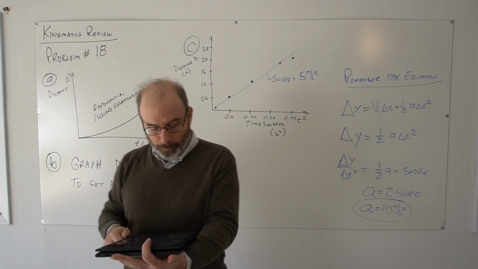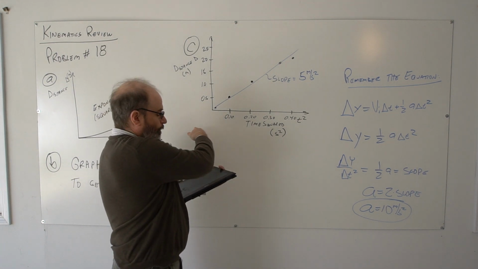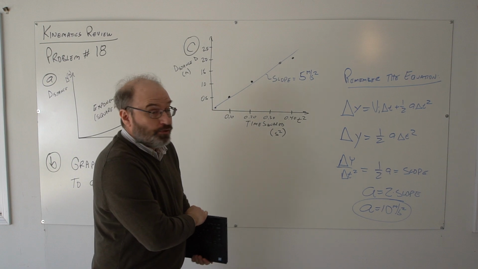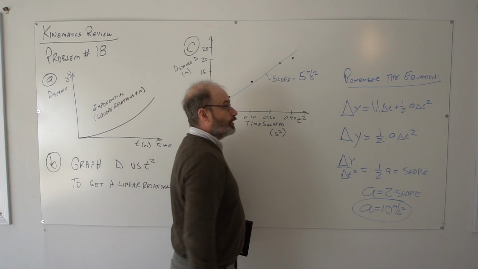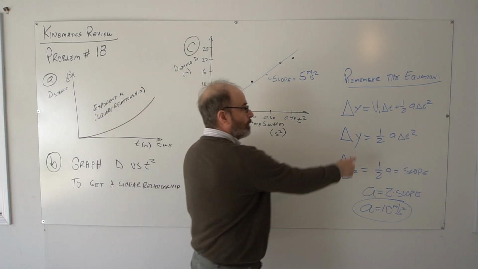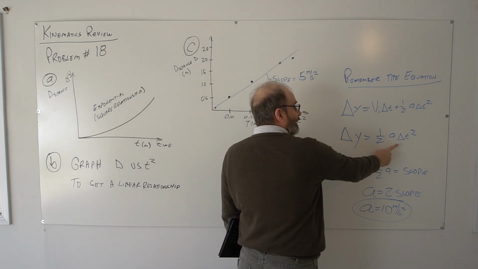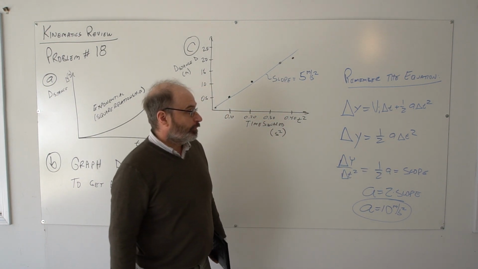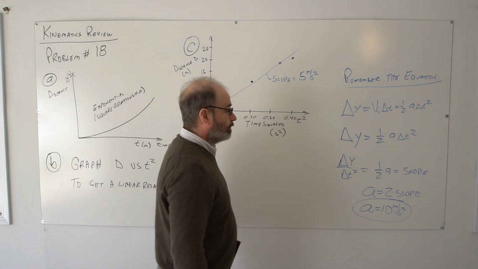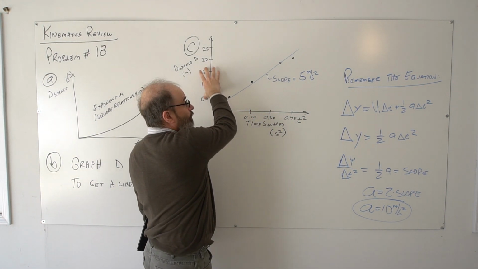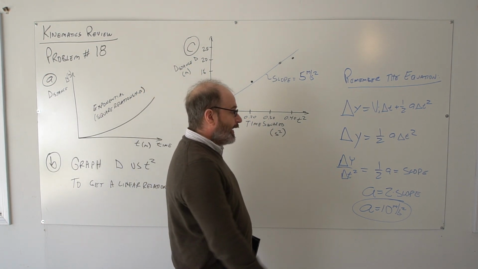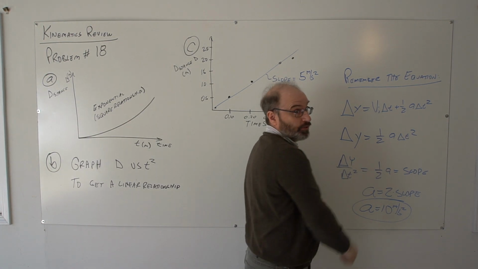Now use the slope from part C to determine the acceleration g in this experiment. Remember one of the constant acceleration equations. Initial velocity is 0 when you're dropping something, so that term drops out, and you get delta y equals one half a t squared. Divide by time squared: delta y over t squared is the slope, rise over run, and that equals half of the acceleration.